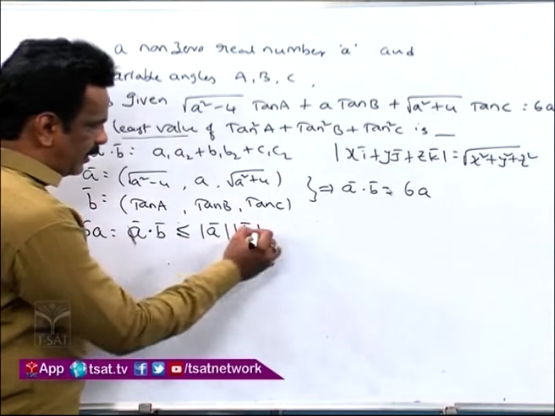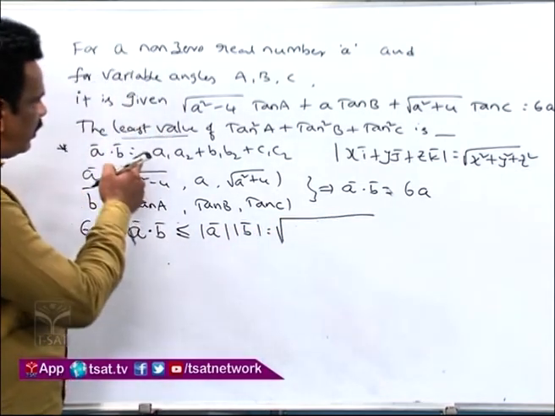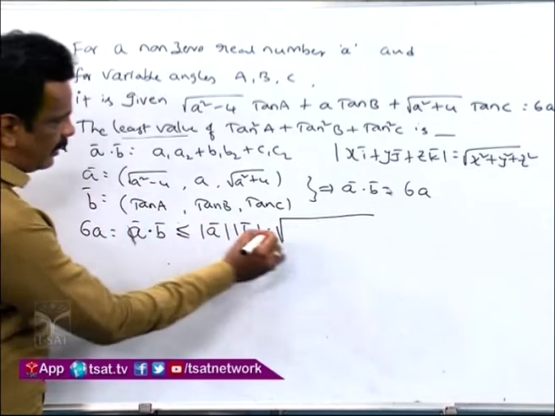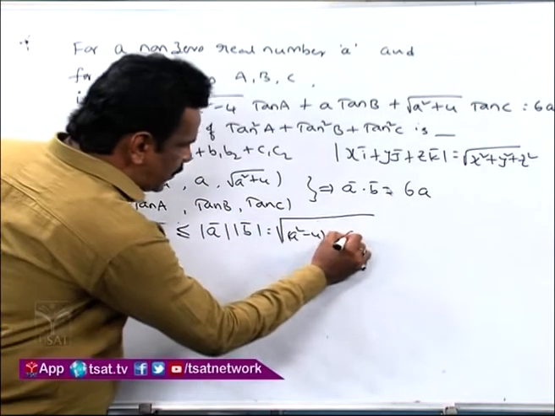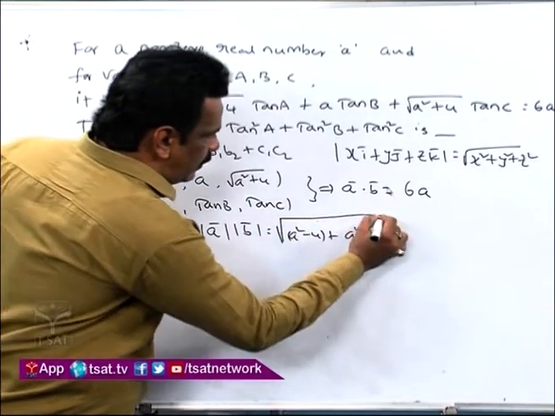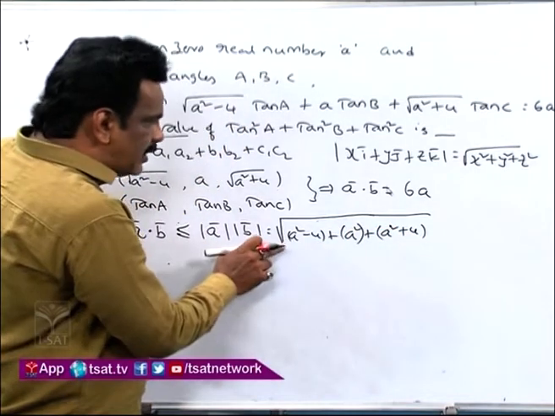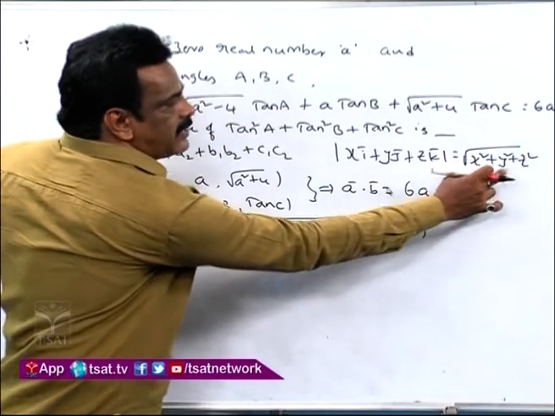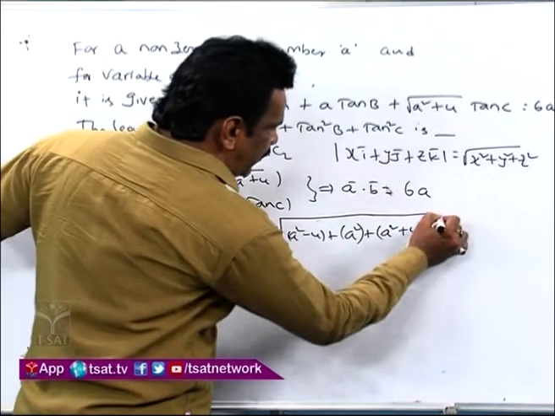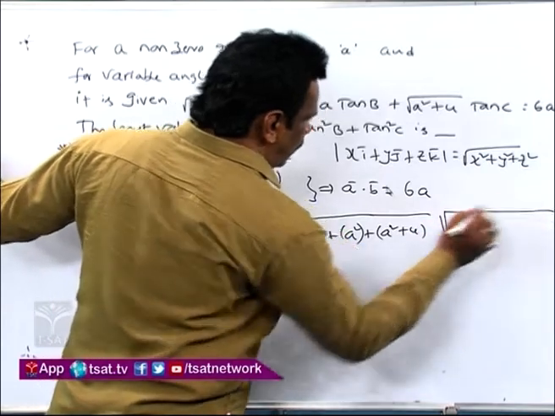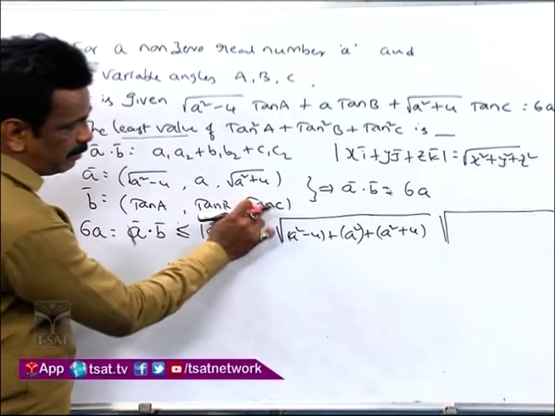We can write mod a bar as the square root of a square minus 4 plus a square plus a square plus 4, the magnitude of the vector under root of x square plus y square plus z square, into mod b bar, which is root of tan square A plus tan square B plus tan square C.